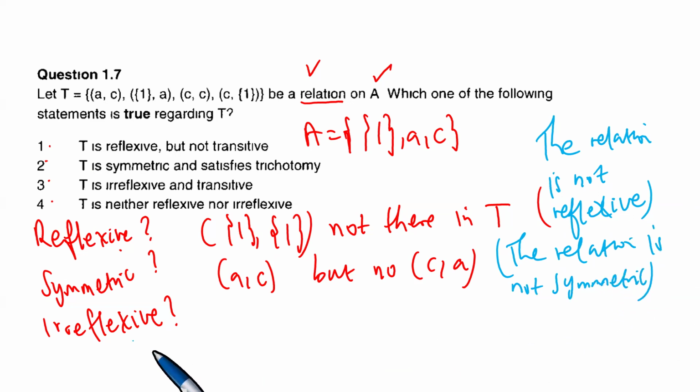We can see AC, but there has to be CA also in T to allow us to conclude that T itself is symmetric. Therefore, T is not symmetric.